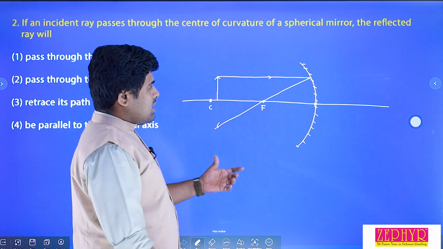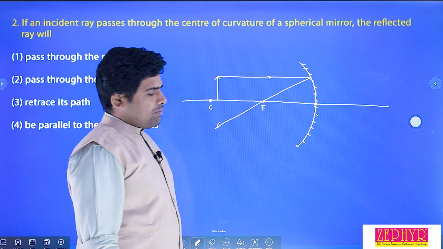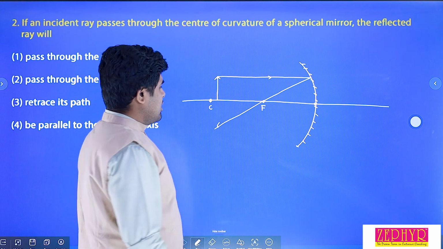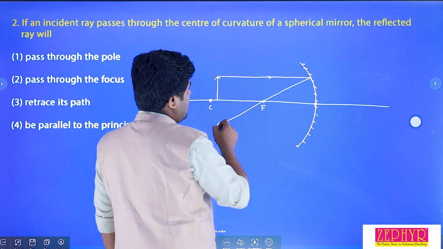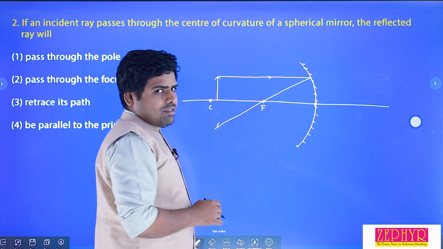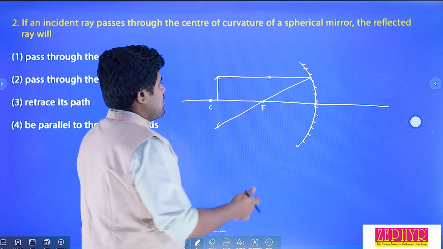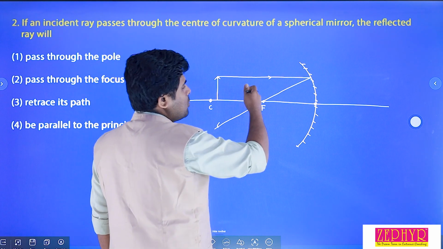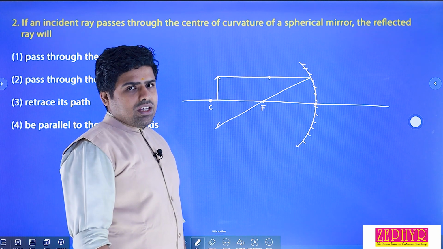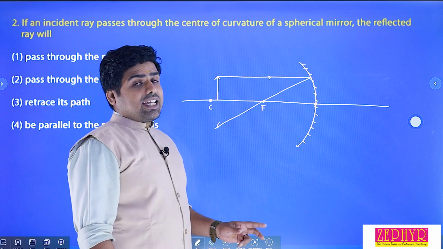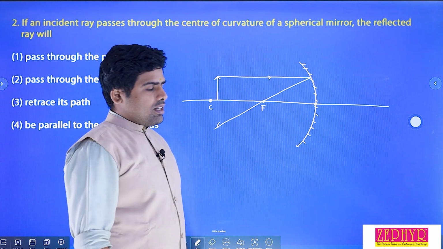This is one of the laws of reflection. Another law: when a light ray passes through the principal focus, after reflection, it passes parallel to the principal axis. This is the second law of reflection.